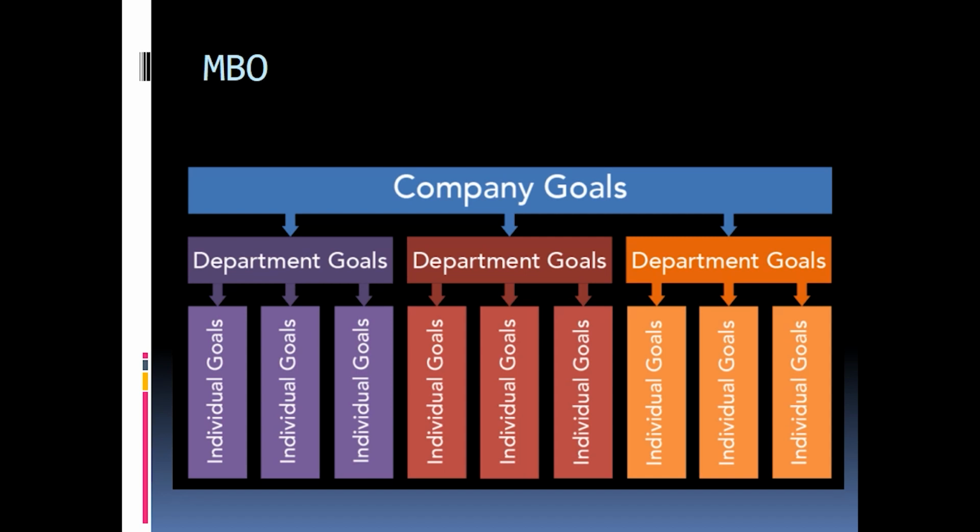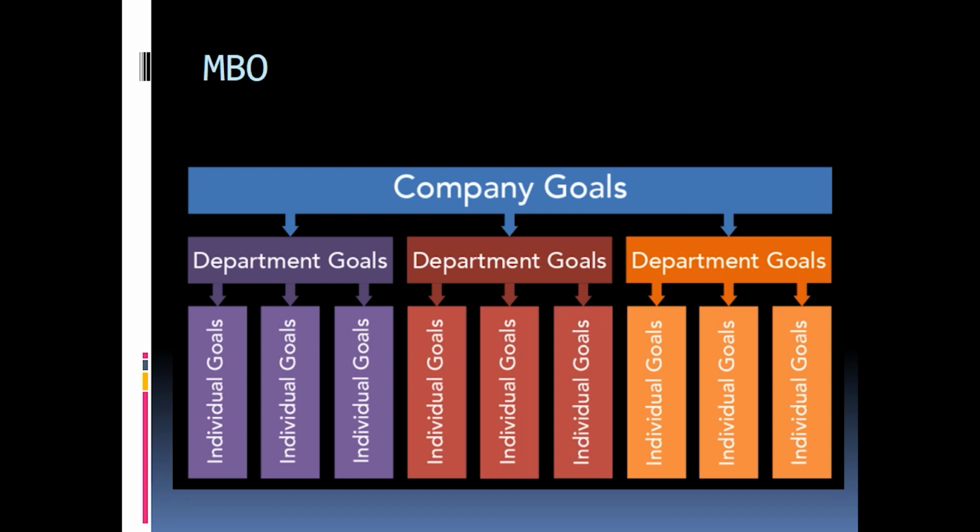And of course, once it is aligned, you are required to come up with an action plan, and definitely you need to do certain kinds of reviews, because then it will be helpful in understanding where the deviations are happening, where we are looking at certain kinds of discrepancies. The main principle behind MBO is to make sure that everybody within the organization has a very clear understanding of the organization's goals and is aware of their own role and responsibility in achieving objectives, because it will help them in attaining their goals.